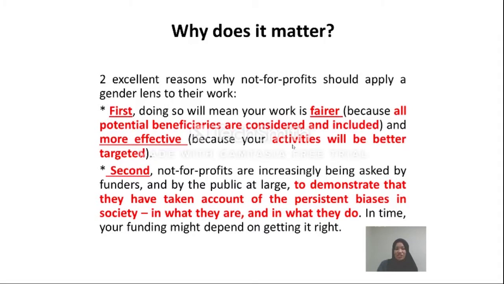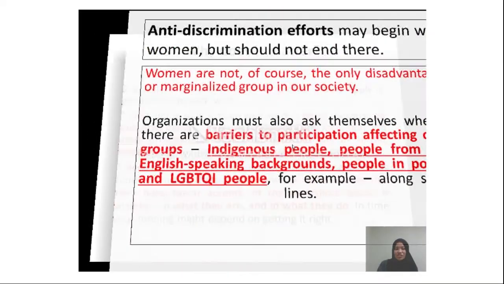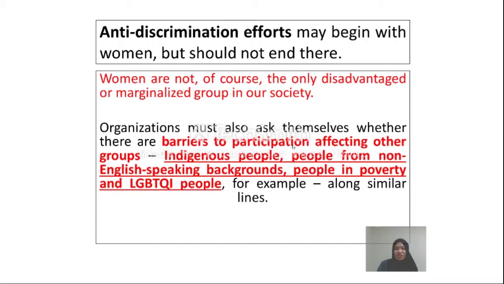So, anti-discrimination efforts may begin with women, but should not end there. Women are not, of course, the only disadvantaged or marginalized group in our society. There are other populations or groups that are marginalized or disadvantaged.